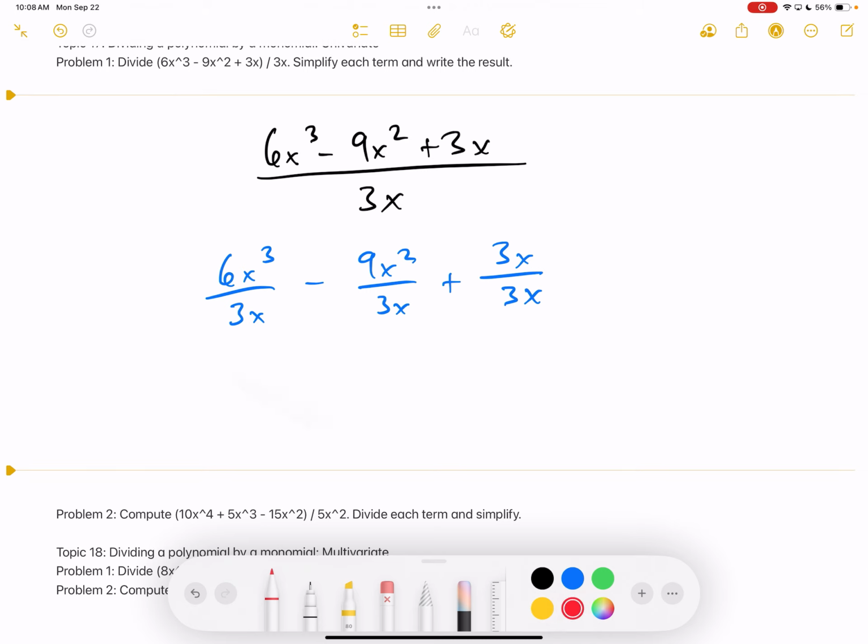6 divided by 3 is 2. I got 3 x's on top and 1 on the bottom, so that leaves me with 2 on top. 9 divided by 3 is 3. 2 x's on top, 1 on the bottom. That leaves me with 1 x on top.